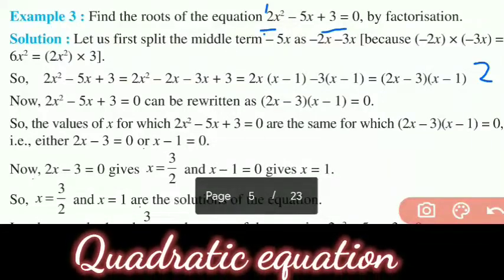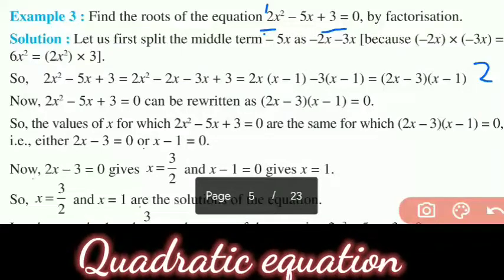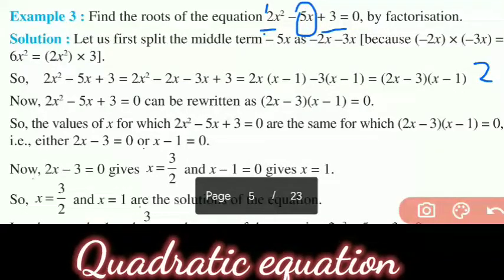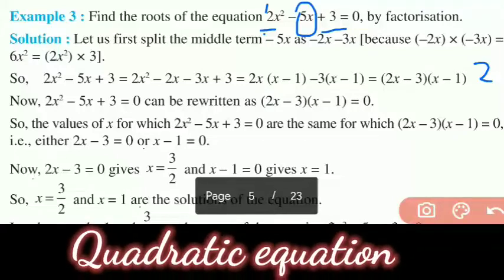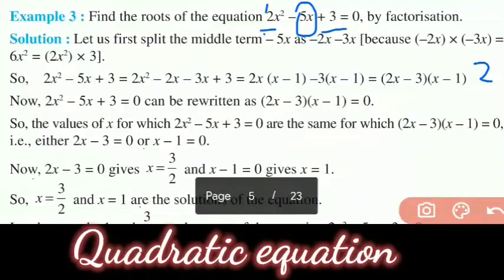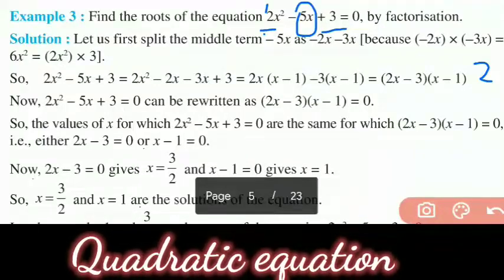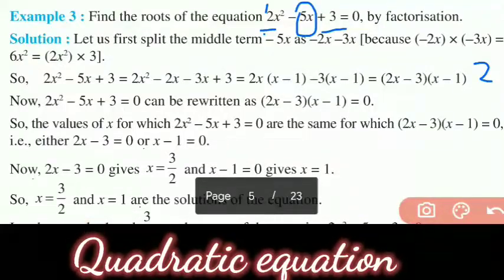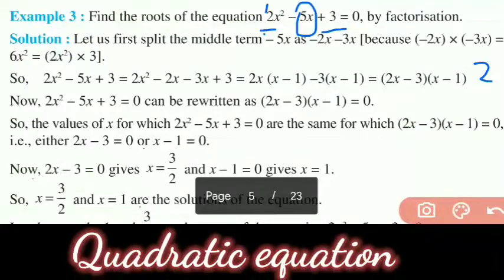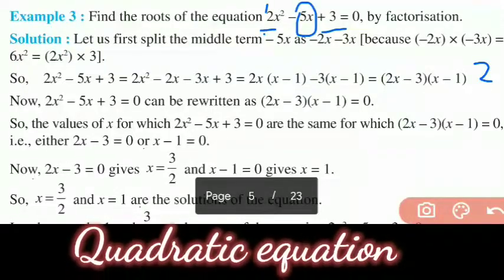The middle term b is -5, so we need to manage these two factors so that we get -5. At addition or subtraction we require -5, but as multiplication we require +6, because both the signs are positive.